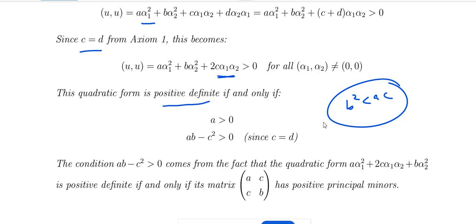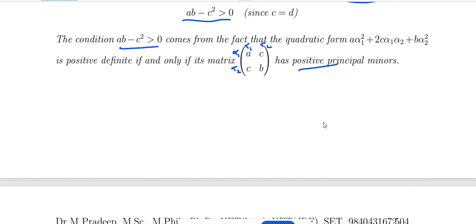So ab minus c squared greater than 0, since c equals d. This condition comes from the quadratic form being positive definite if and only if the corresponding matrix, with a and b on the diagonal and c off the diagonal because of the 2c alpha 1 alpha 2 term, has positive principal minors.